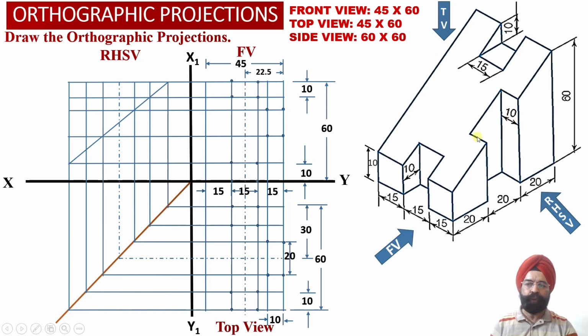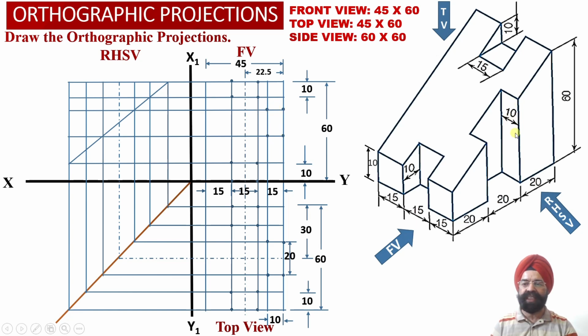Through this edge we can find this vertical surface which is visible to the observer from the front view orientation. And since this vertical surface is parallel to the vertical plane, the true shape of this cut section has been obtained in the front view projections over here.